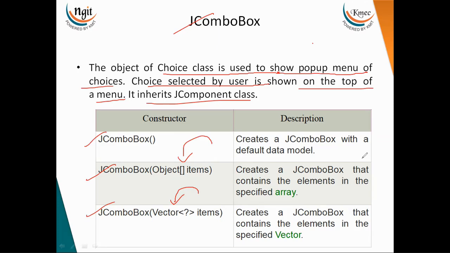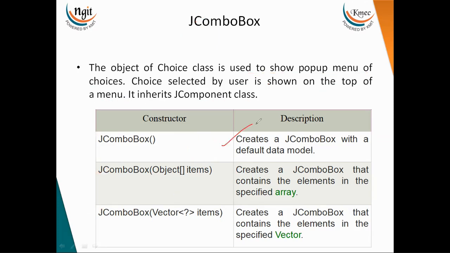In the first case, it creates an empty JComboBox with the default data model. When using JComboBox with the object items, it creates a JComboBox that contains the elements in the specified array. If you are using a vector, then the elements stored in the vector can be added to this combo box.